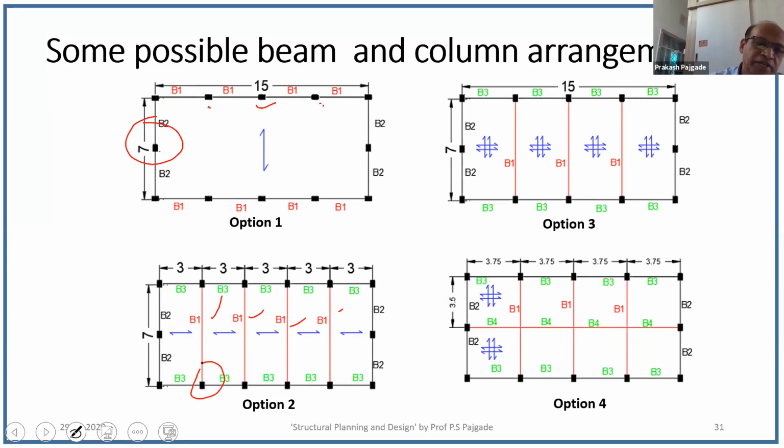This span is quite large, 7 meter. So if you place this column like this, longer dimension parallel to the long beam, then that will be economical use of a column. So orientation of column is also important. Whenever it is possible, we must place it properly.